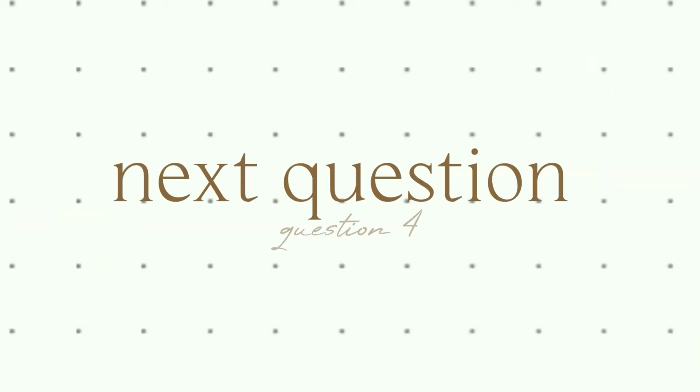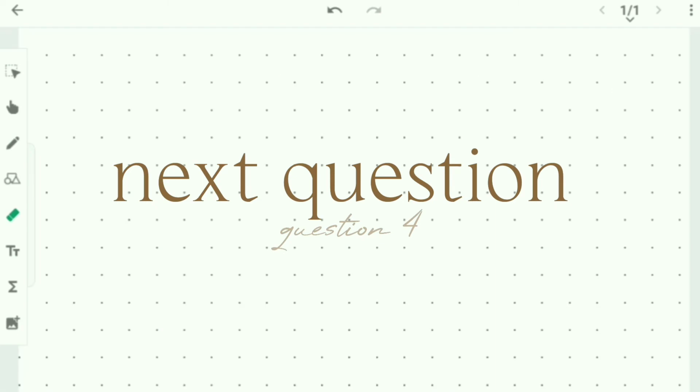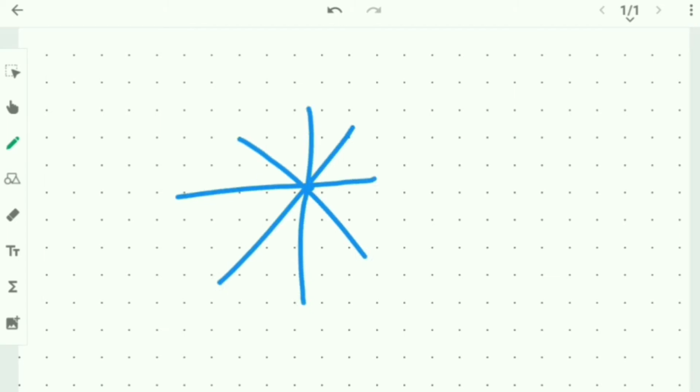Coming to the next question. How many lines can pass through one given point? So you have a point here. You can draw 1, 2, 3, 4, 5. Many lines, there are infinite lines that can pass through one single point.